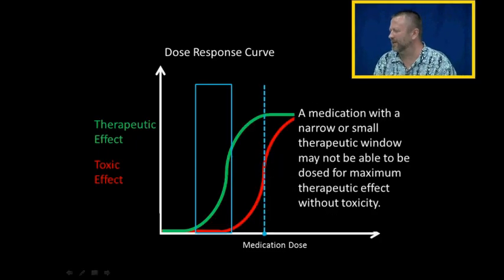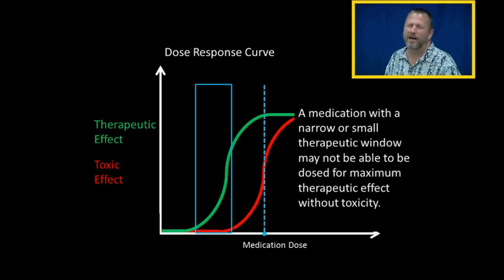A medication with a narrow or small therapeutic window may not be able to be dosed for maximum therapeutic effect without toxicity. So here is our therapeutic window for this drug where we can achieve therapeutic effect with no toxicity. But with this drug, when we begin to achieve maximum therapeutic effect, we begin to incur toxicity.